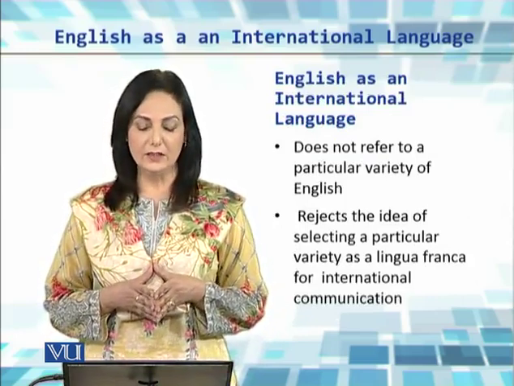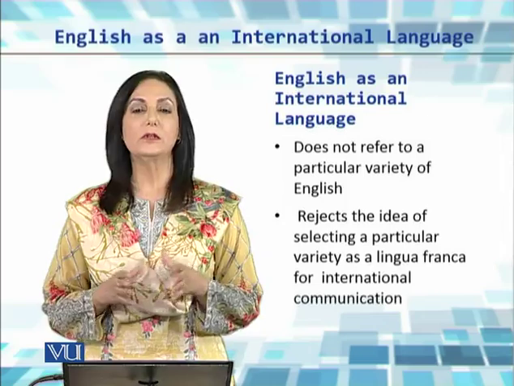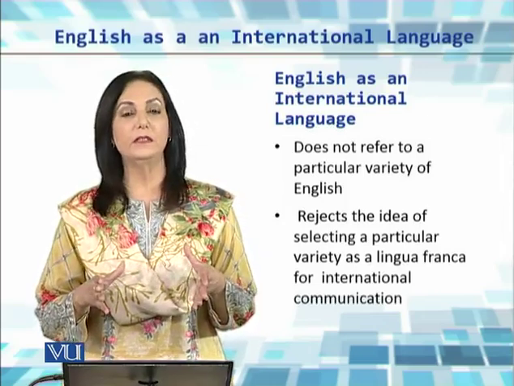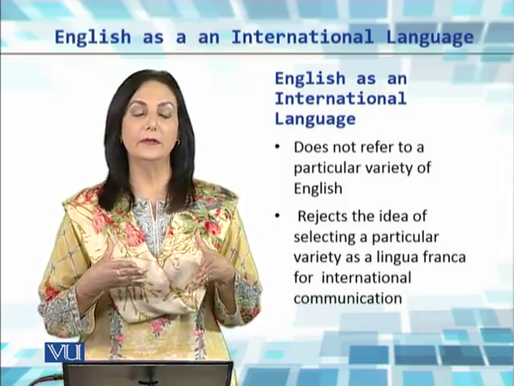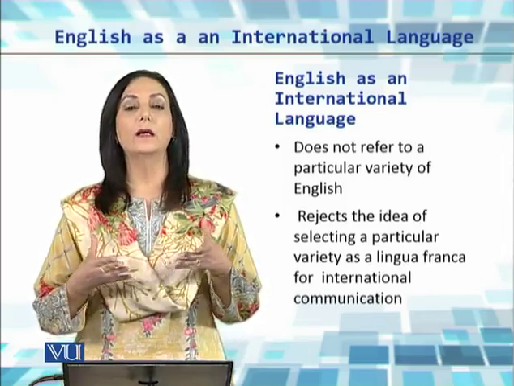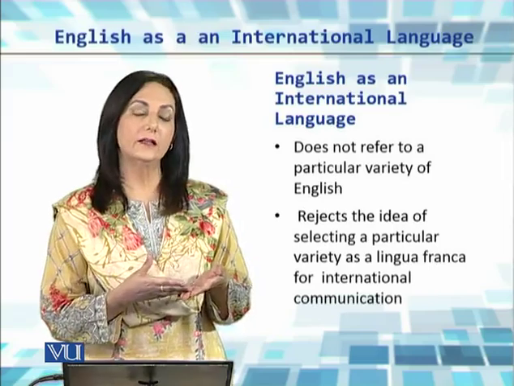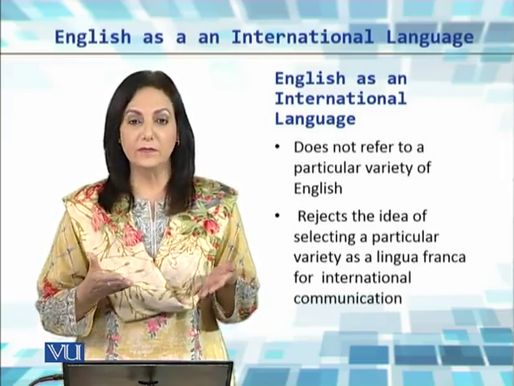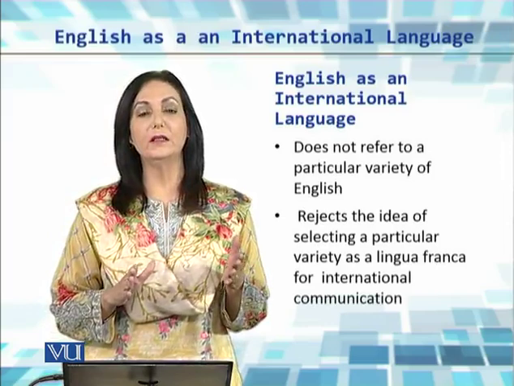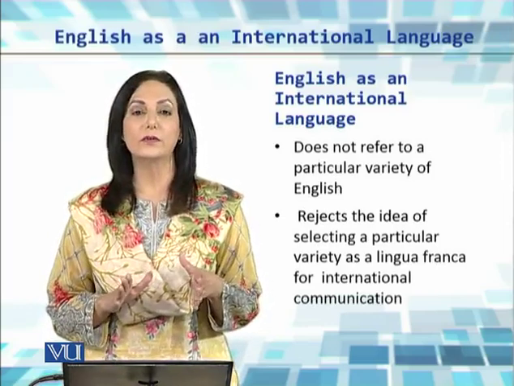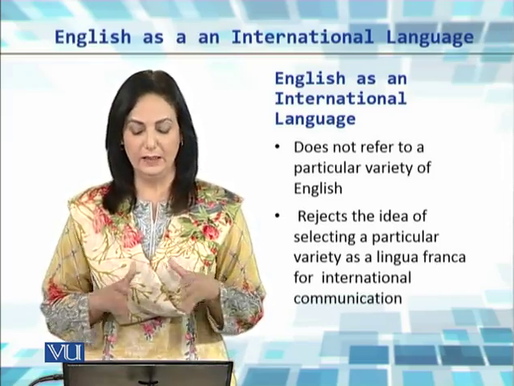English as an international language does not refer to a particular variety of English. For example, when we say that EIL is a more encompassing term, we do not mean that it includes, let's say, the English used in the periphery. No, we do not mean that. In fact, EIL does not refer to any variety of English.